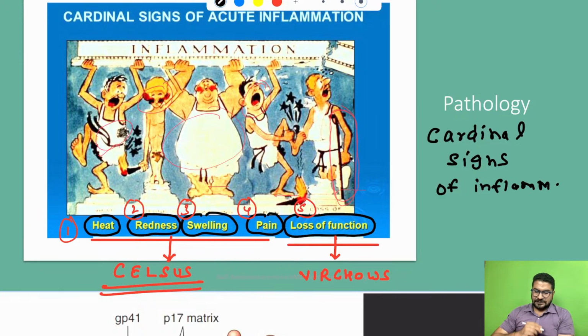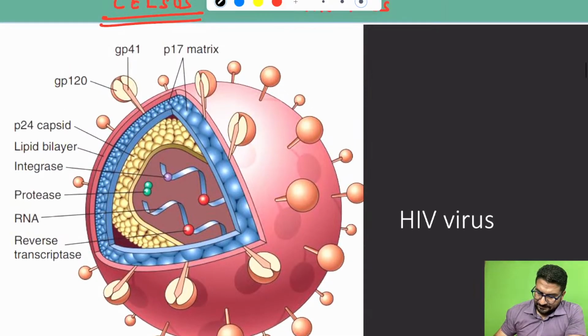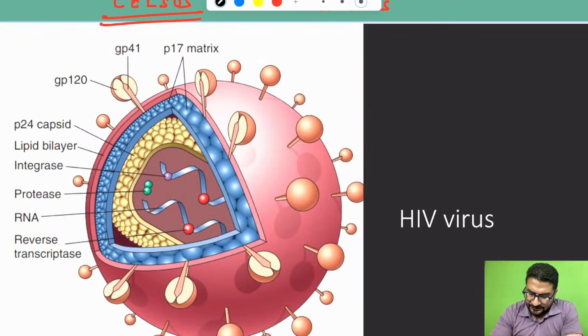First four signs were given by Celsus, and the fifth sign was given by Virchow. Done. Okay, sometimes in the paper an image-based question comes about HIV structure. Basically they ask you about GP120 and GP41. These are the proteins they sometimes ask in exam. Done.